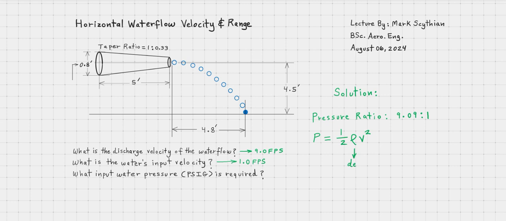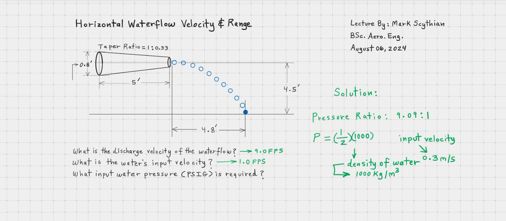Next, the relationship between pressure and velocity is P equals 1/2 rho V squared. Rho is the density of the water. We have to use the metric system, here 1,000 kilograms per cubic meter, and we know the input velocity in meters per second is 0.3 meters per second.